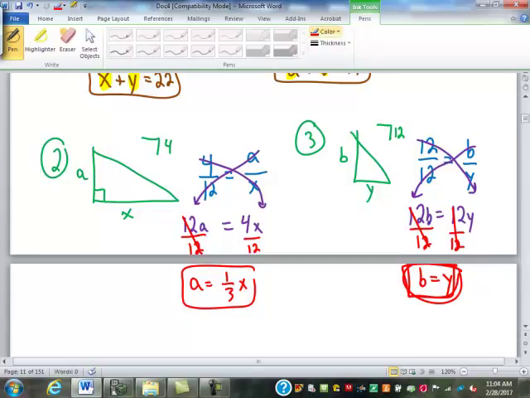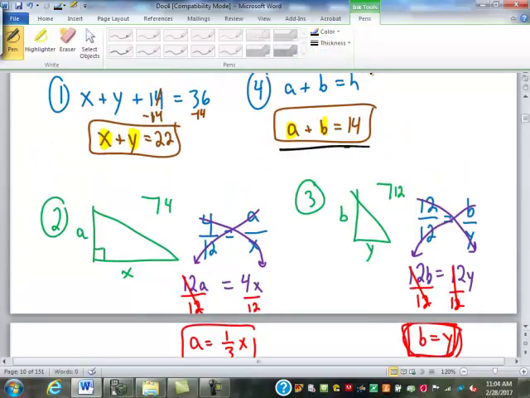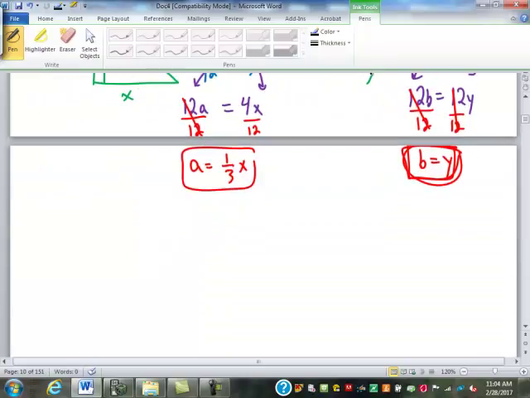I'm going to go back up here to my equation number 4. It said a plus b equals 14. And I'm going to replace a with 1/3 x, and b with y. So 1/3 x plus y equals 14.